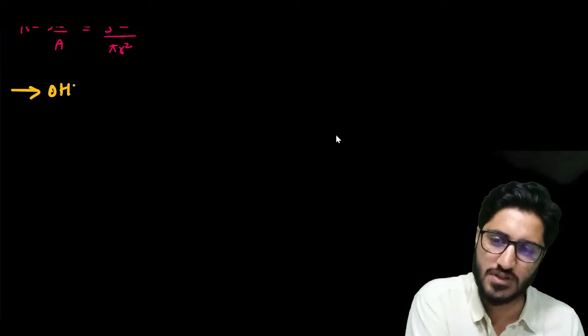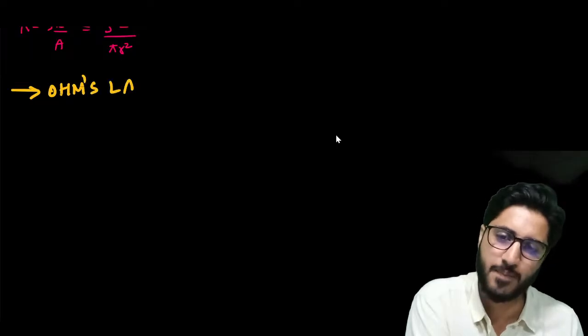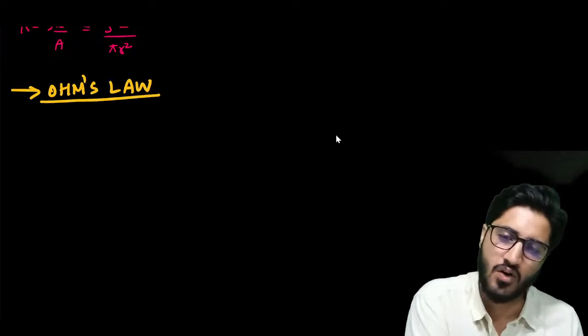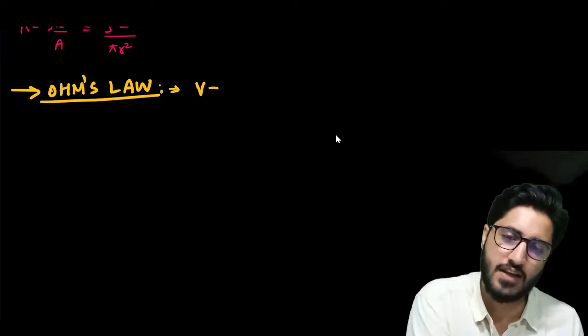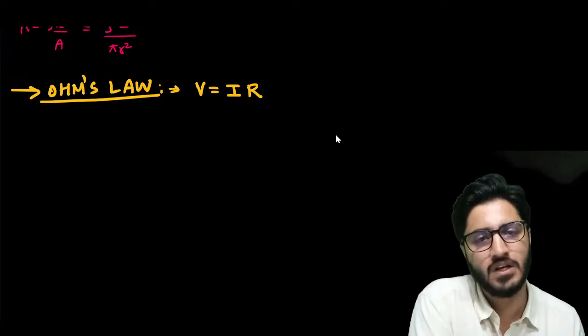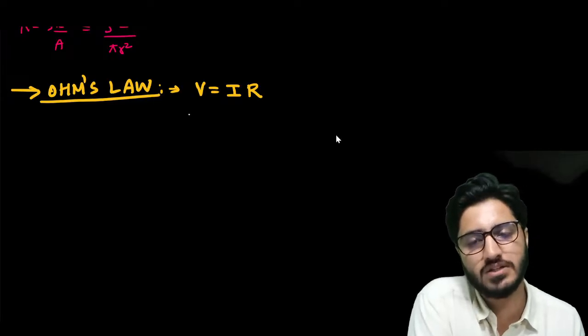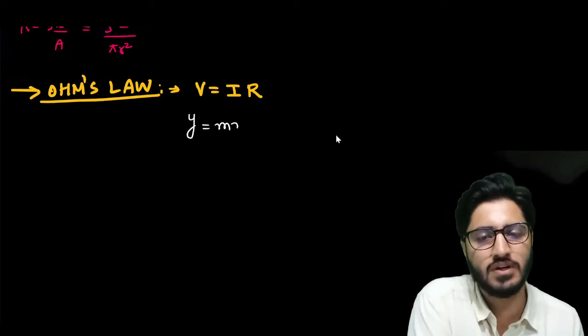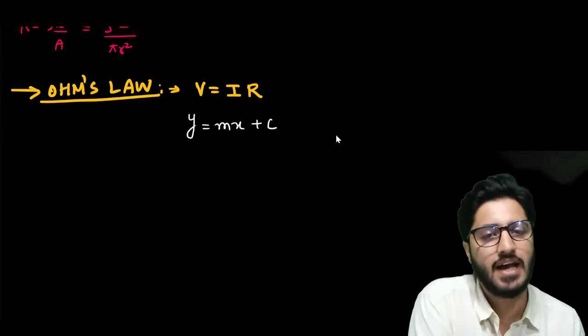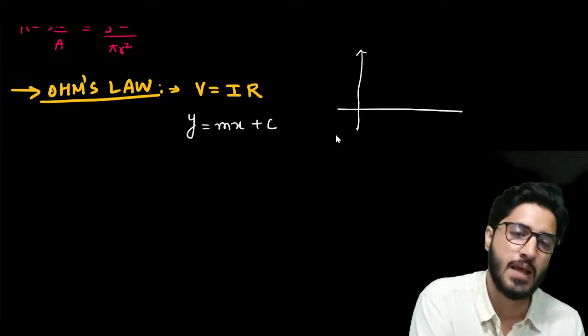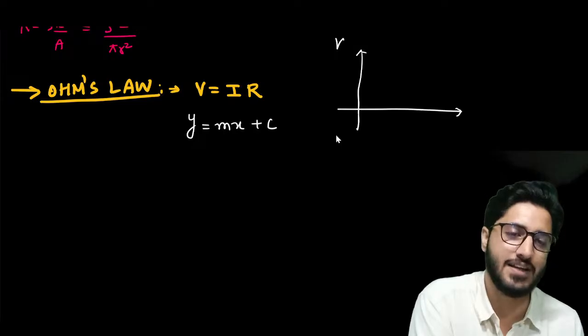First of all, Ohm's law. Ohm's law means V is equal to I into R. If we compare the equation with the straight line equation, y equals mx plus c, and we make a graph between V and I.